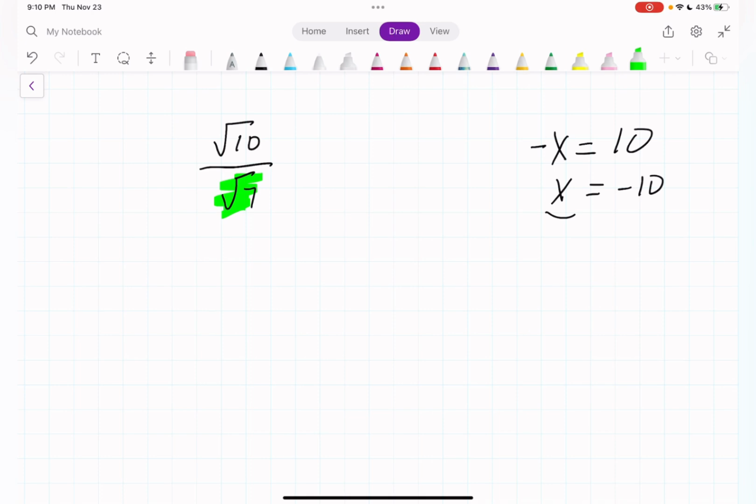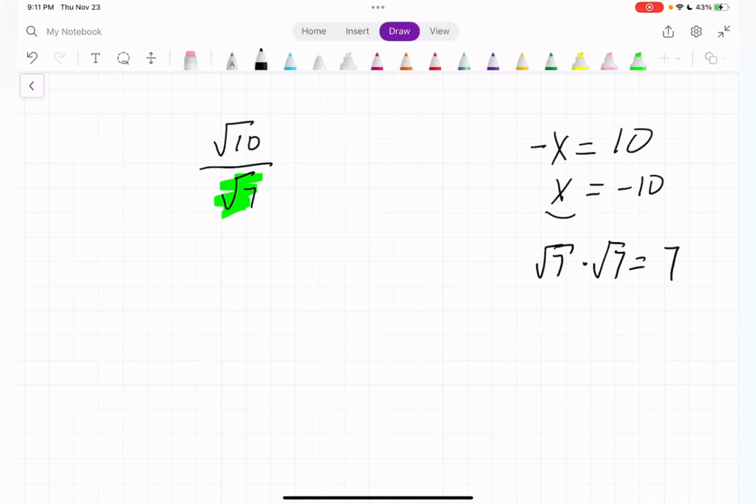So we need to get rid of the radical or square root, meaning we need to rationalize. How are we going to do that? If I have, let's say, square root 7, what can I do to get rid of the square root? Multiply by another square root 7, right? And I will get a clean 7.